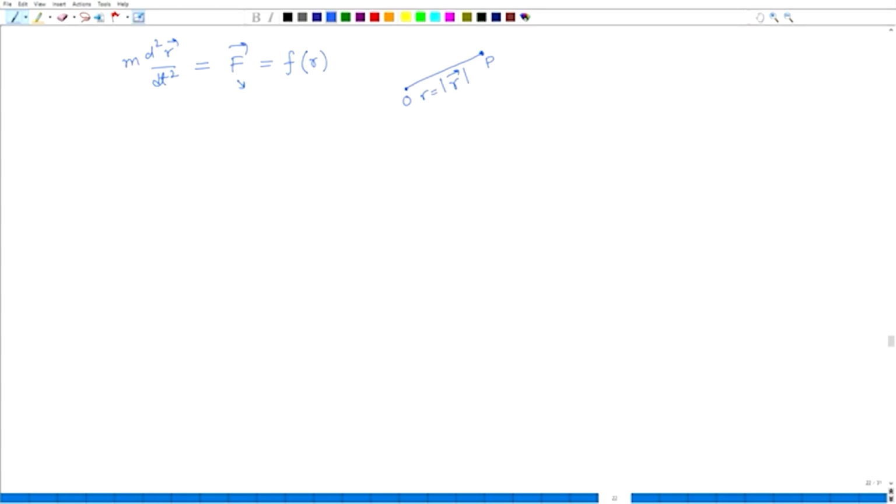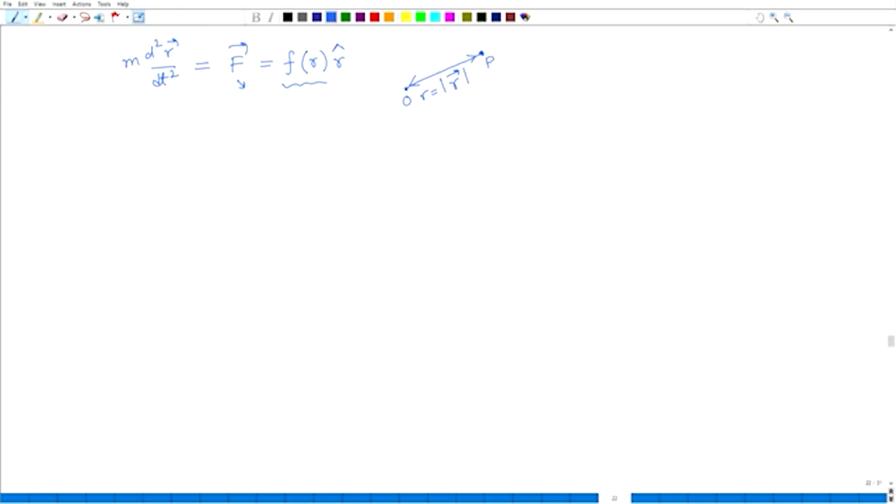If the magnitude of the force is just an explicit function of this distance given by F(r), and the force is directed along the line joining O and P, that means the source of the force and the point at which the force is finally acting, so either like this or like this, that means plus or minus r cap direction.